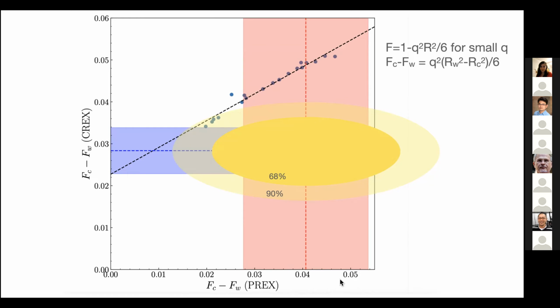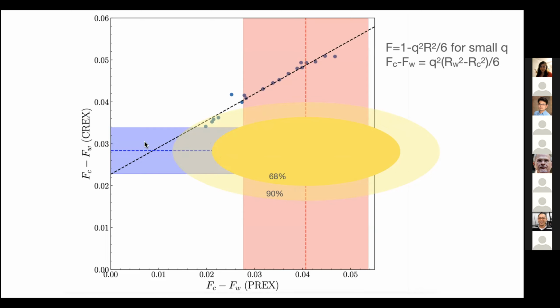So here's the PREX result, the relatively thick skin in lead, and then there's the thin skin in calcium-48 from CREX. And the yellow is a combined confidence level for the two measurements. So this is 1 sigma, and then the larger one is the 90% confidence level.